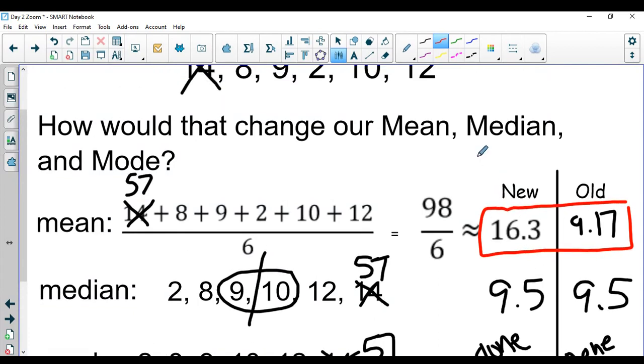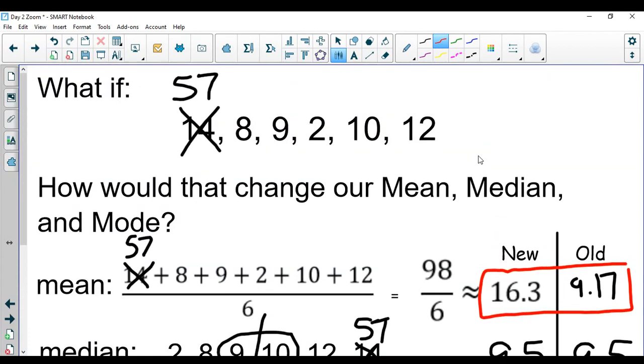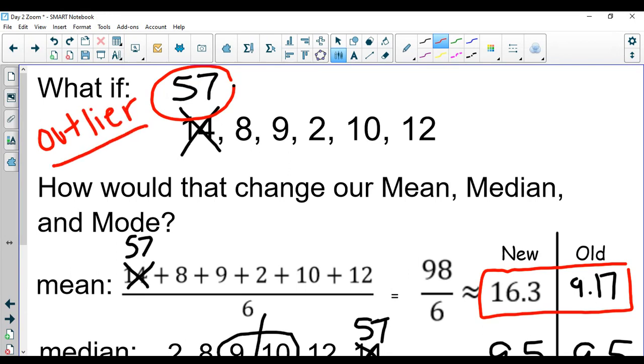All right, so when you have a set of data where one of the numbers doesn't really match all the other numbers, that number is called an outlier. There is an actual computation for an outlier, but we don't learn how to do that at this time.